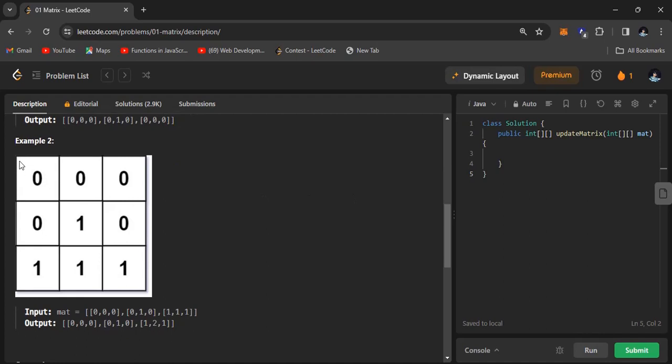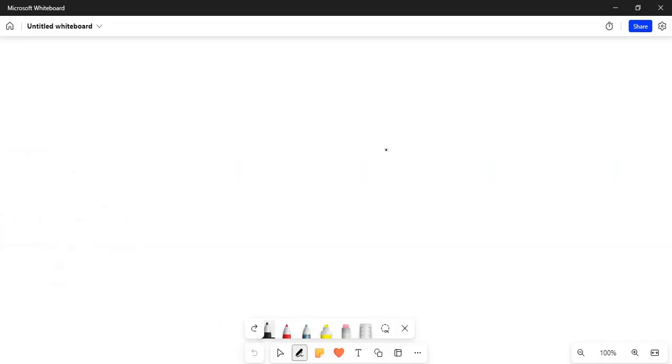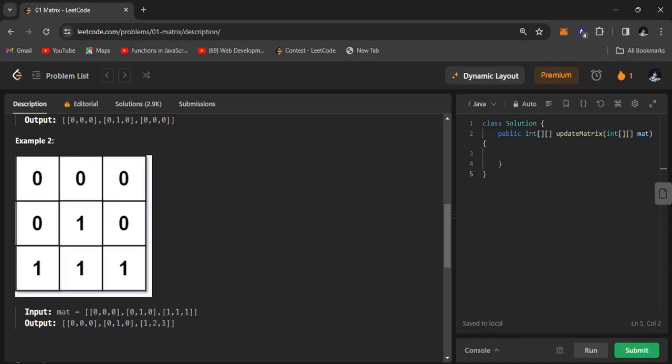Let's take this example. Second example of size 3 cross 3.